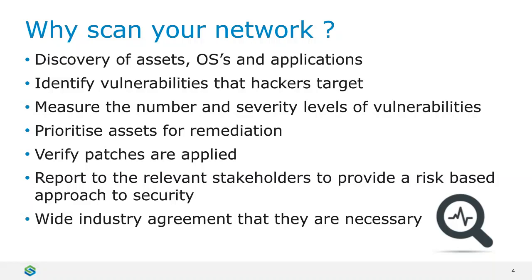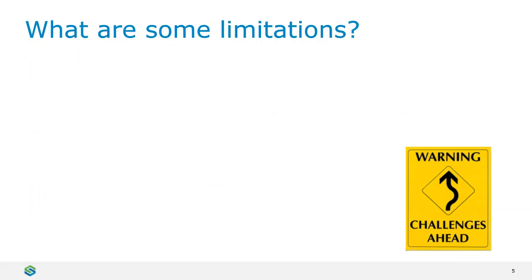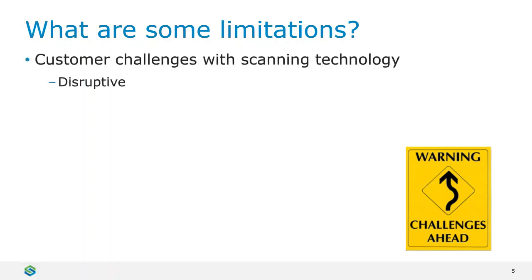But scanners don't do everything, right? There are some limitations to scanning technology. Generally, the biggest issue that I've come across when talking to customers about whatever scanning technology they pick, whether it's Qualys or Nessus or whatever, is that it's disruptive. These scans require you to authenticate against the machine.